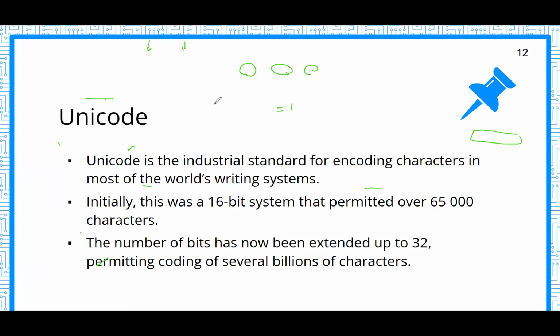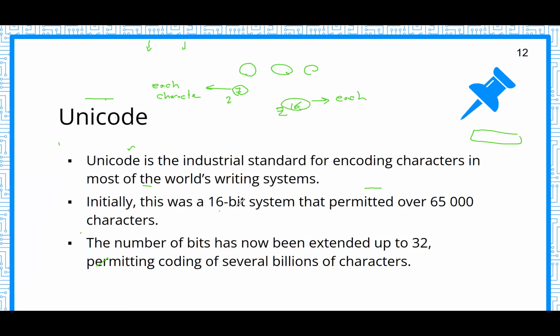The initial ASCII table used only 7 bits for each character. Now we're using 16 bits for each character.